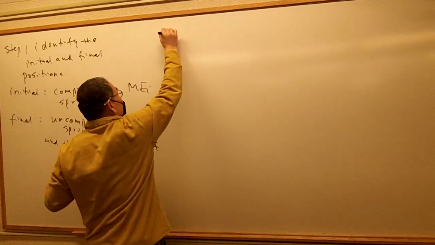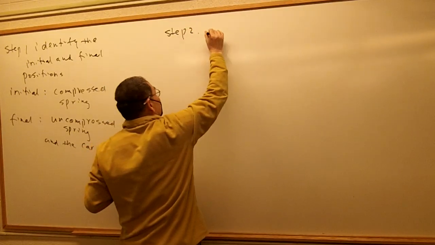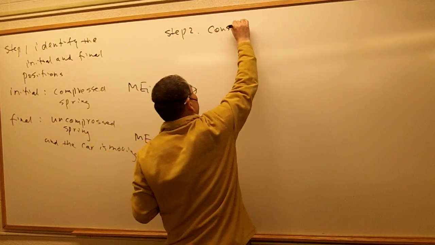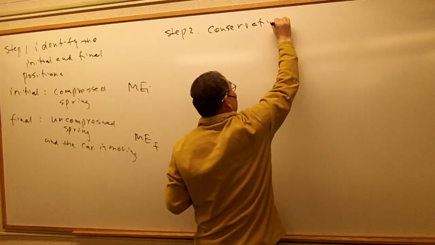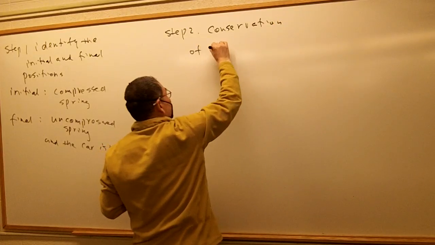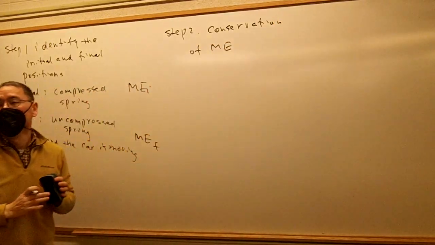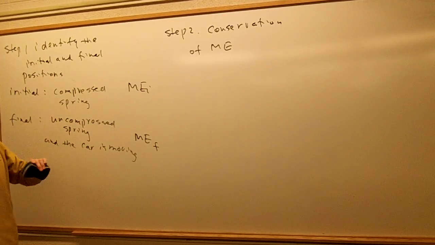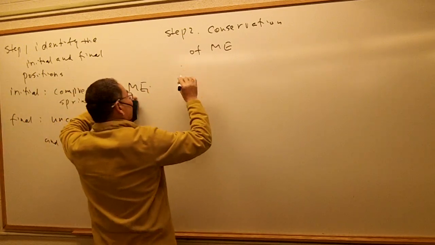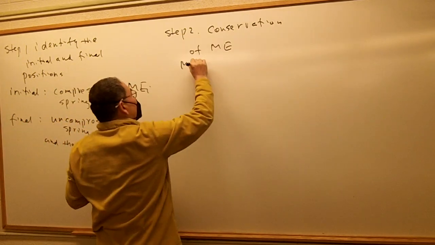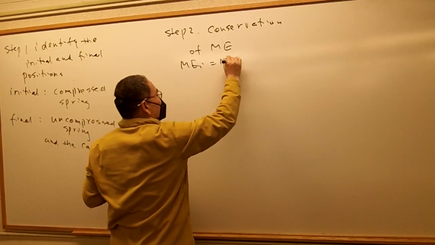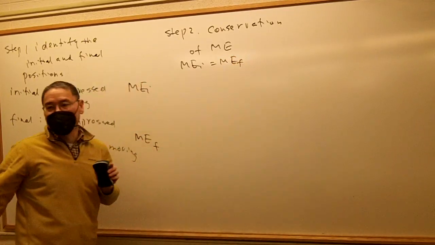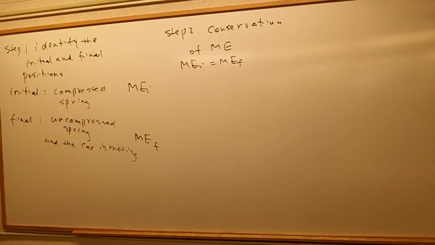Step number two, the conservation of mechanical energy. We're using the conservation law of mechanical energy in such a way that we can calculate them. The conservation means my initial mechanical energy equals my final mechanical energy. So that's what we have.